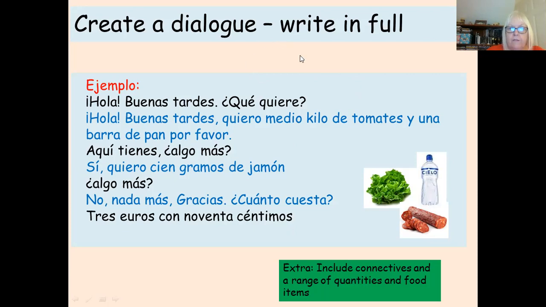It's a shame we're not in class because we could actually practice it, but we will get back to doing that. But at the moment you're on your own, unfortunately. So write your dialogue, use different colors to show who's speaking. Think about including connectives and a range of quantities and food items. So you could have una lechuga, una botella de agua, un chorizo, medio kilo de zanahorias, 2 kilos de uvas.